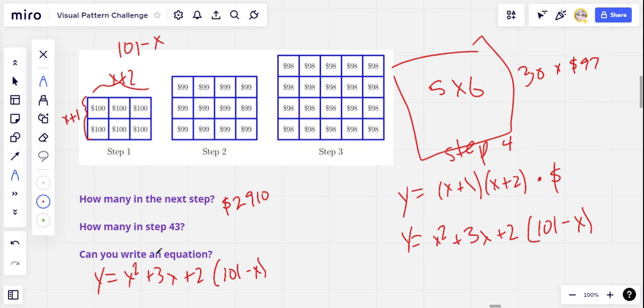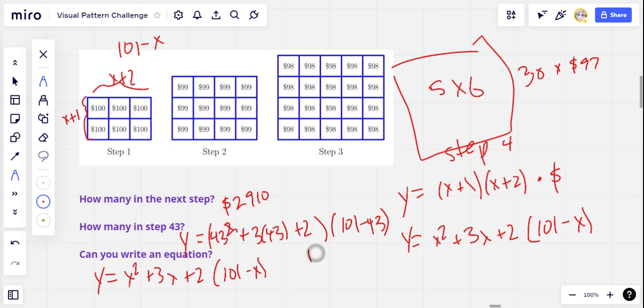So the final step then is to plug in step 43 for x in our equation. So this is going to be 43 squared plus 3 times 43 plus 2, all of that times (101 minus 43).